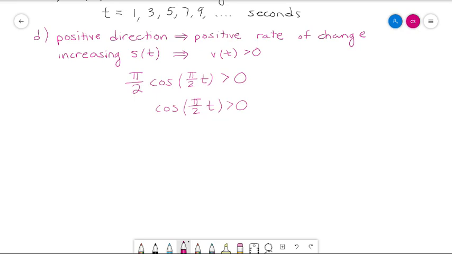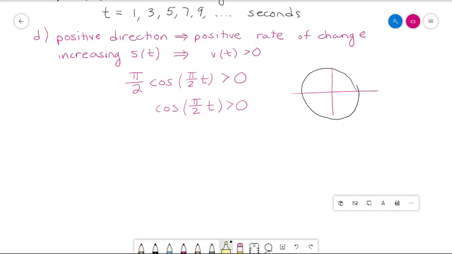So just like last time, we want to know where the cosine is positive. Okay, and the cosine is going to be positive. Let's see, cosine is the x value, so quadrant 1 and quadrant 4, right? That's where our x is going to be positive, so that's where our cosine is going to be positive. And just as before, let's think of that in terms of angle.